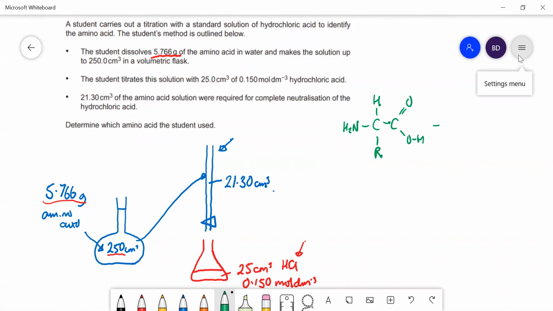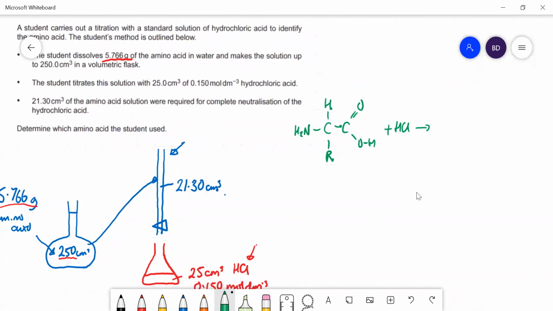How does that react with HCl? It reacts in a 1-to-1 ratio because we just protonate the NH2 group. But we have to be a little bit careful here because some amino acids contain NH2 groups in the R group. So we have to check that there's no NH2s in that R group.